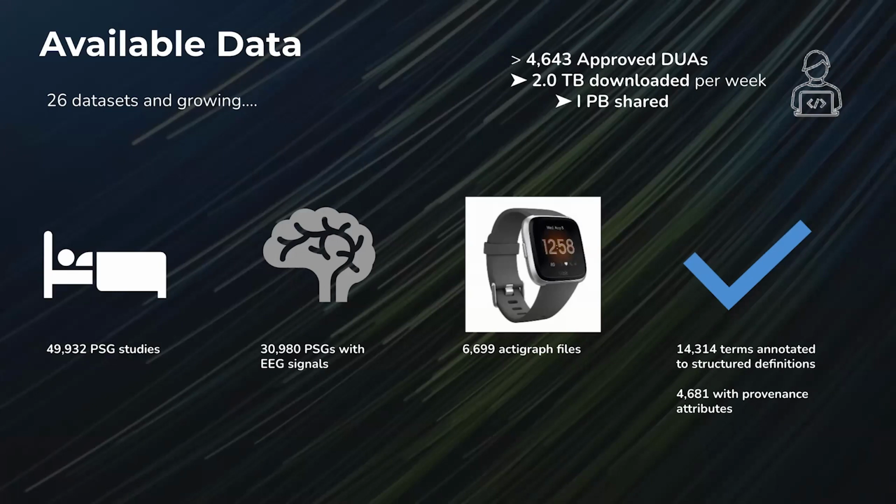We've harmonized, or annotated, over 14,000 terms, including about 5,000 with detailed provenance information. We have about 5,000 data use agreements that have been executed, and we regularly share about 2 terabytes of data a week with the community.